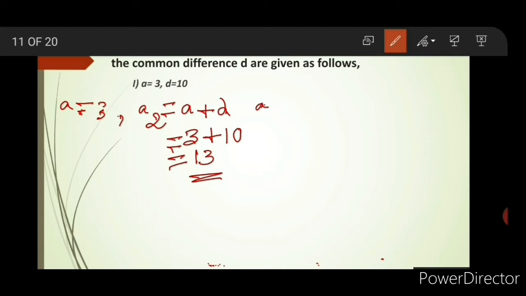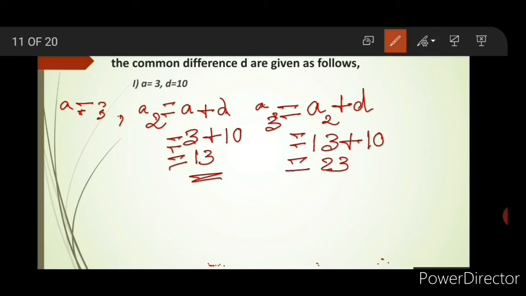Then what is the third term? Third term is equal to previous term plus common difference D, that is A2, already given as 13, plus common difference 10, is equal to 23. Again, what is the fourth term?